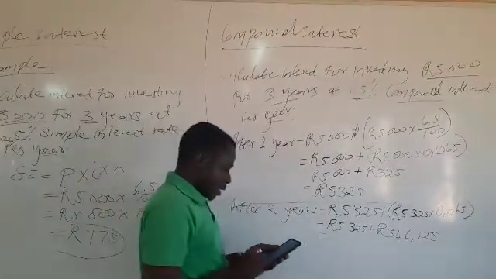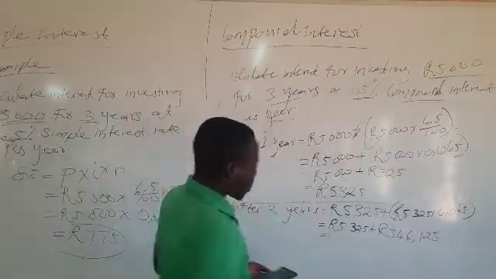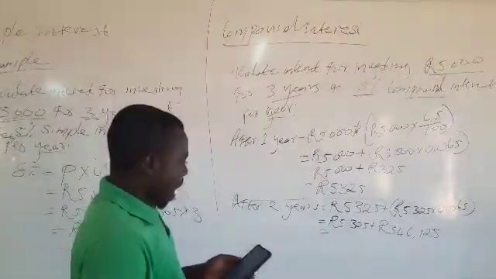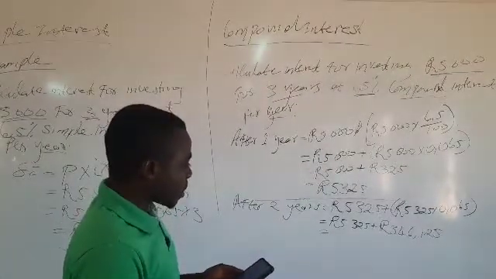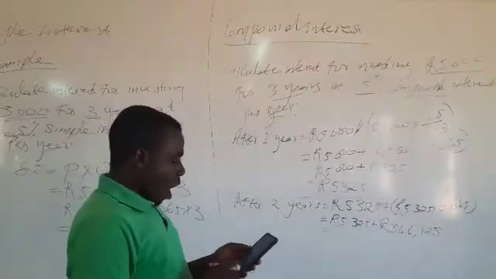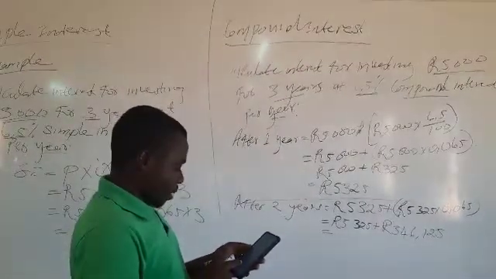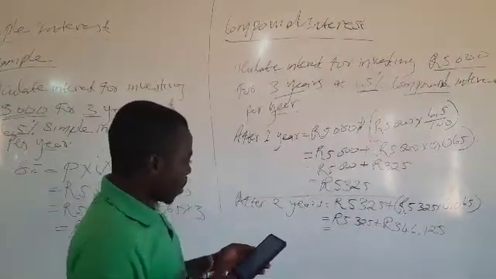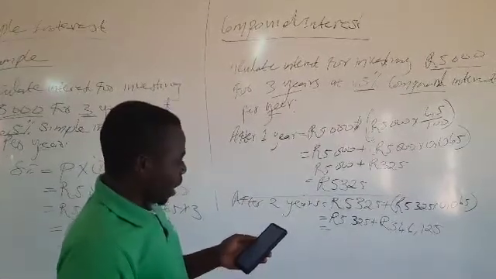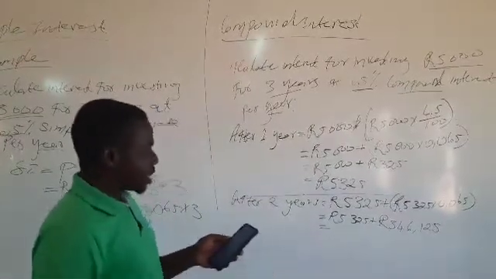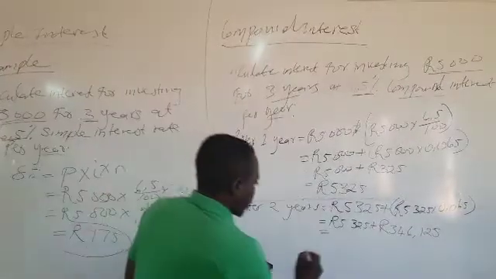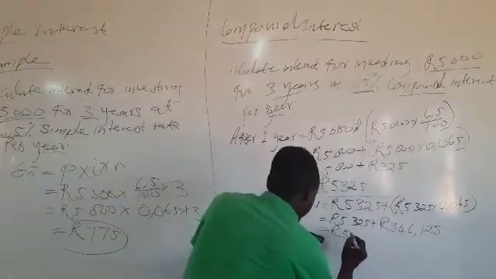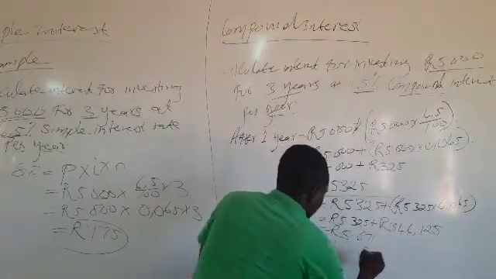We write it as it is. So we say 5,325 plus 346.125. Then we want to see how much we will get. 5,325 plus 346.125 is going to be 5,671.125.